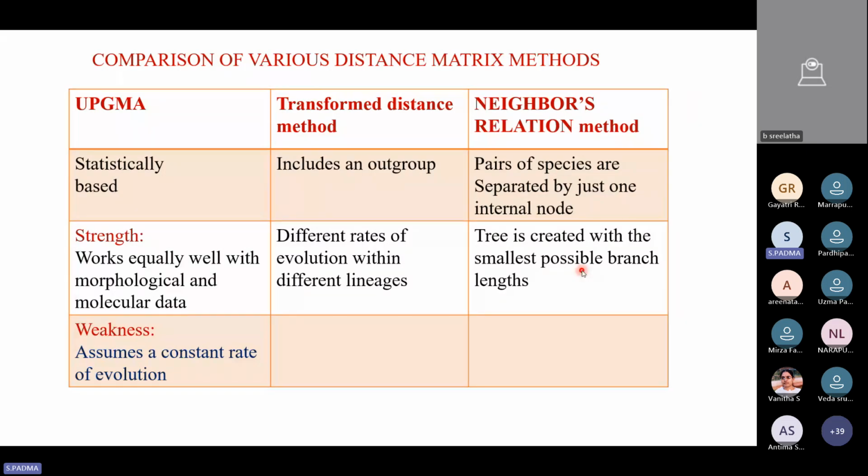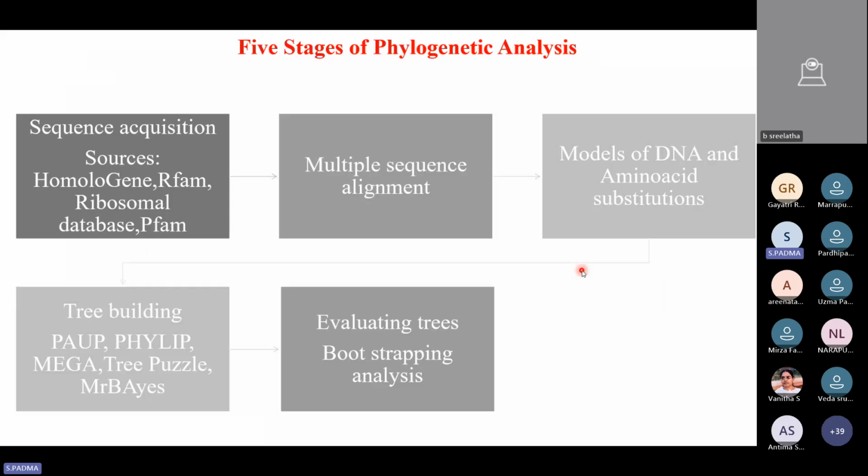Okay, so now that we have seen how to make a tree, what are the types of trees which can be constructed, and how to go about the analysis part? I have some 5 or 6 sequences, and I don't know how to construct a phylogenetic tree. What are the steps I should follow?